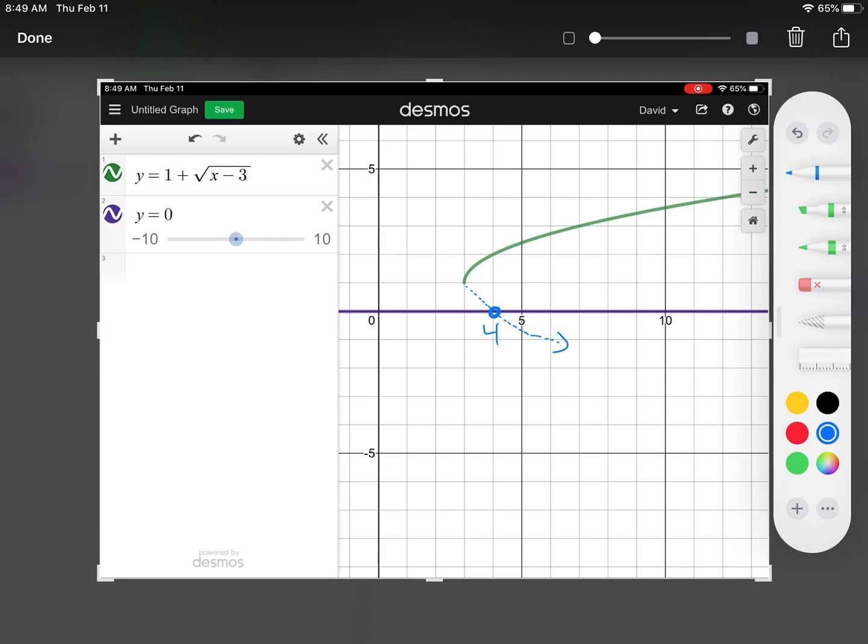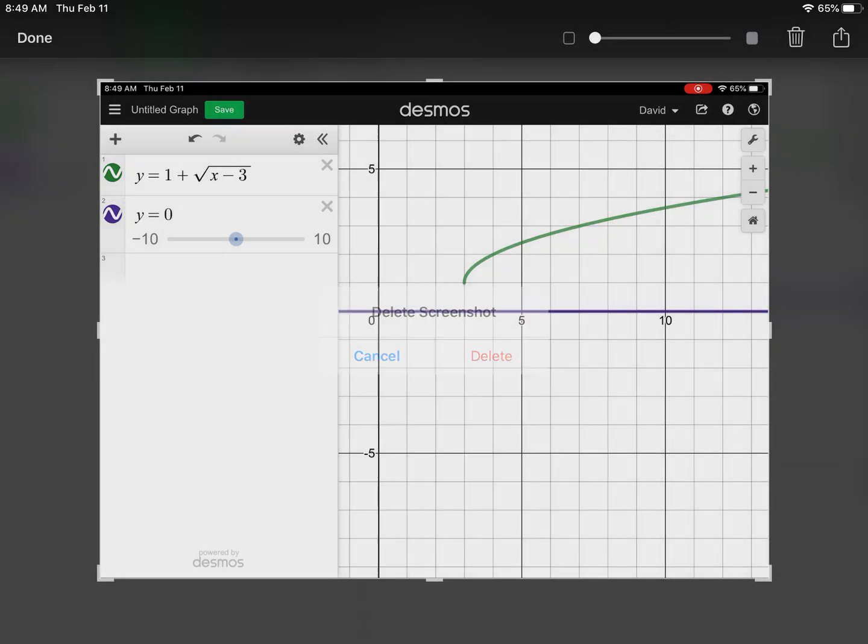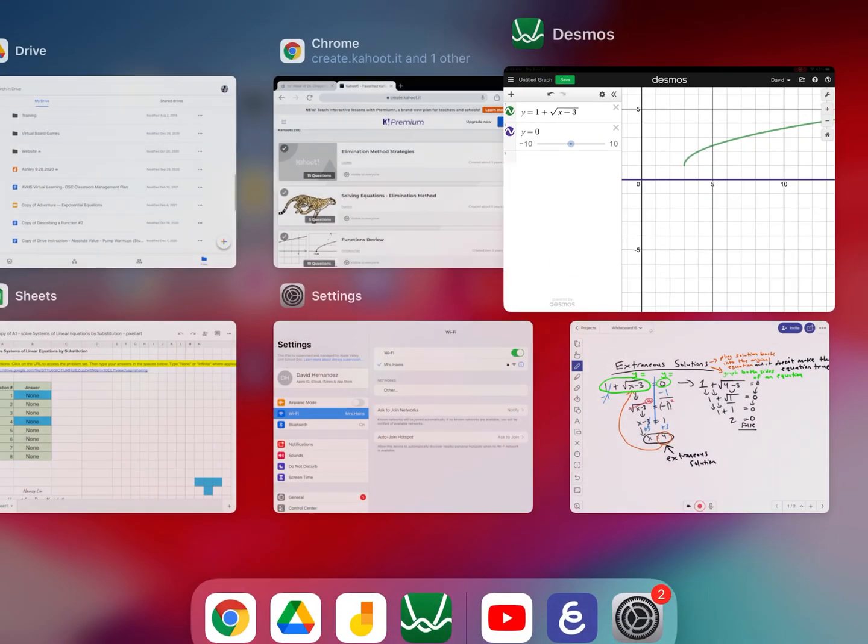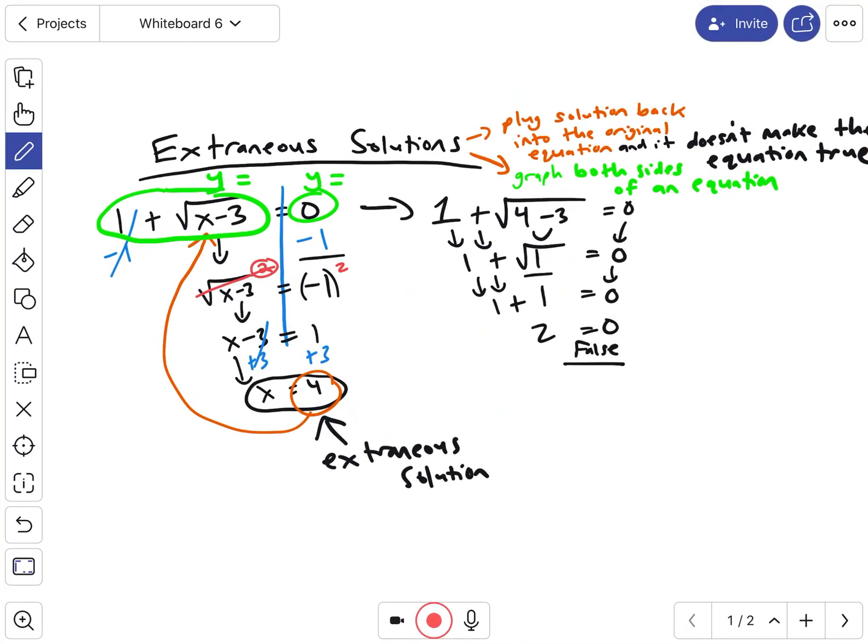But it doesn't. This part of the graph is not there. If it were, it would cross at x equals 4. And that's what you found algebraically, but graphically, you see that it does not cross. So when there's no intersection, the solution is extraneous.